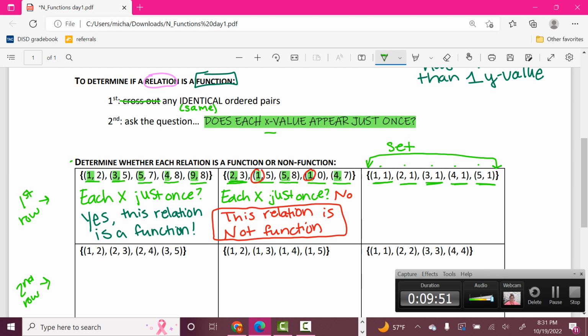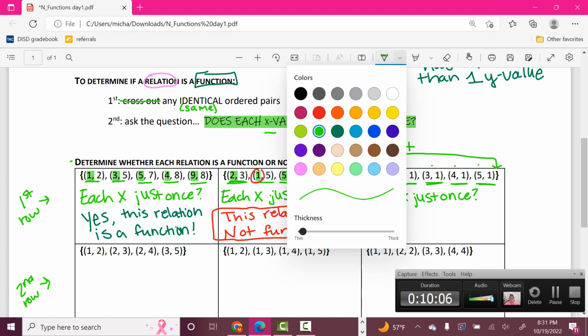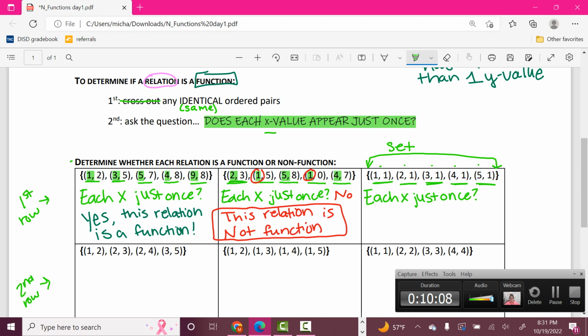So now we can skip to the second thing. Ask the question, does each x happen just once? Remember, x values are the first thing in the ordered pair. So we're looking at the very first number in the ordered pair. The first number in the ordered pair 1, 1 is 1.